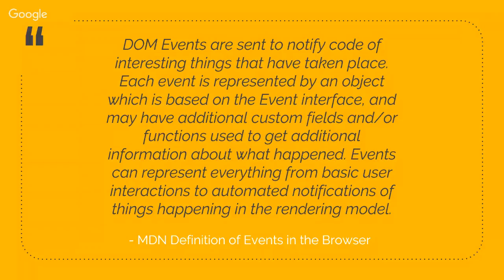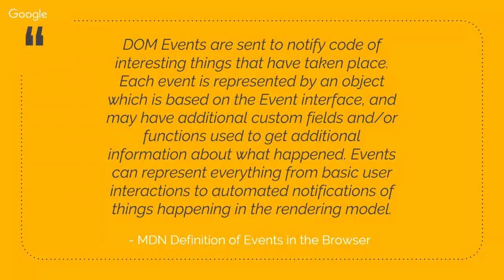That's what the part about the additional fields says. So here we have additional custom fields and our functions to get additional information. That's what MDN have described as the other interfaces besides the event interface.